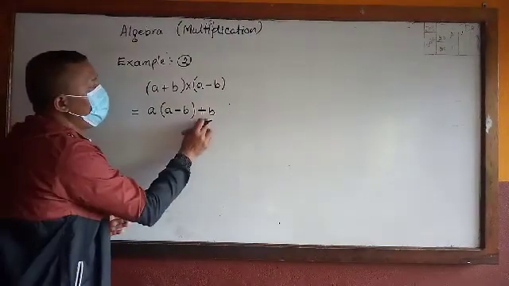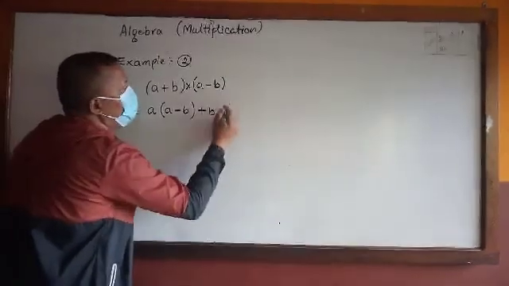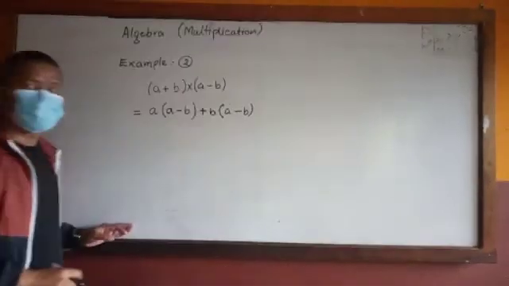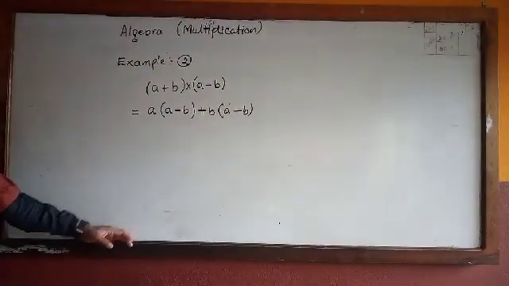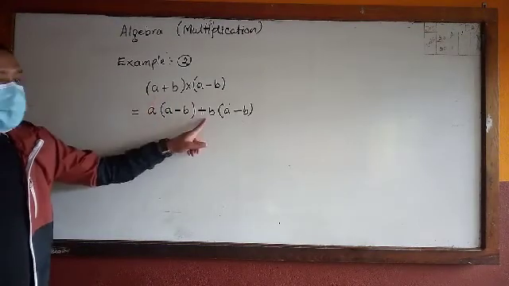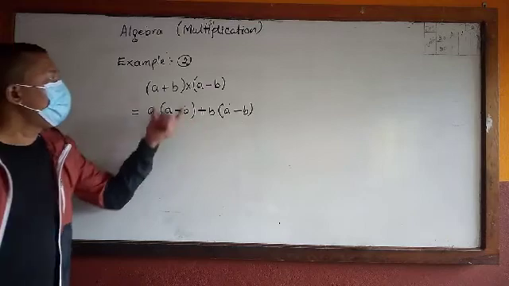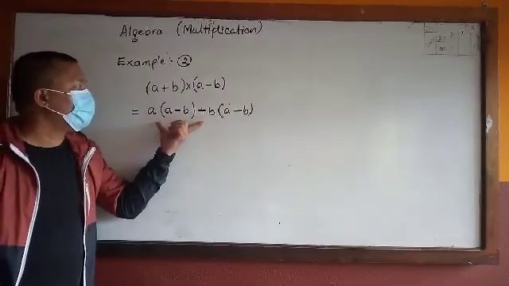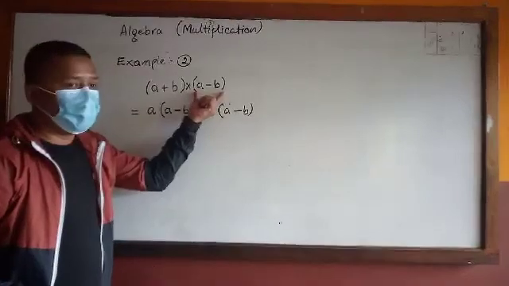Then again this a minus b you have to write. Break the first term inside the bracket into 2 parts. Then you multiply both fragmented terms by the given final term.